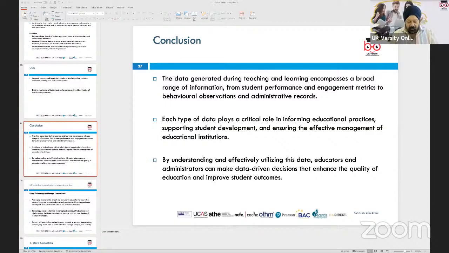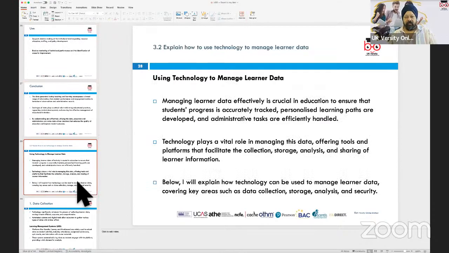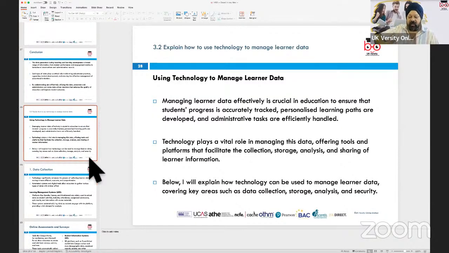Okay. Now, the other assessment criterion that we are looking at is primarily going into details of how we use technology to manage learner data. This is where compliance, regulation, privacy, and storage and retrieval of data come in. When we use and store data in the form of records on any system, whether cloud-based or within the college premises, the same process applies to how you manage the data.